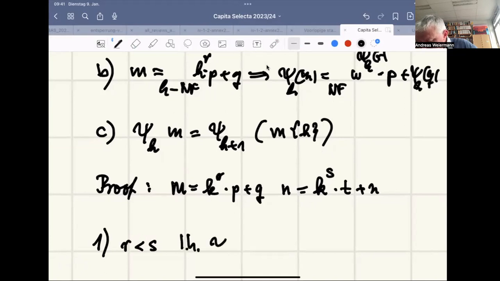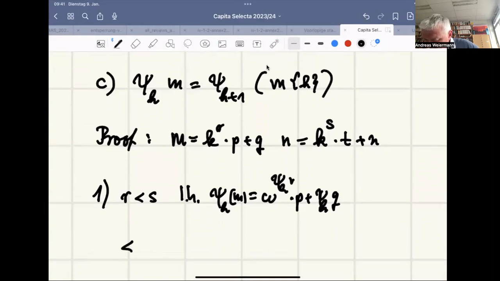And we obtain ck of m is omega to the ck of r times p plus ck of q. This is less than or equal to omega to the what? Well, here we apply the induction hypothesis to this term. So we obtain this is bounded by omega to the ck of r times p plus the other term, so here's p plus 1.